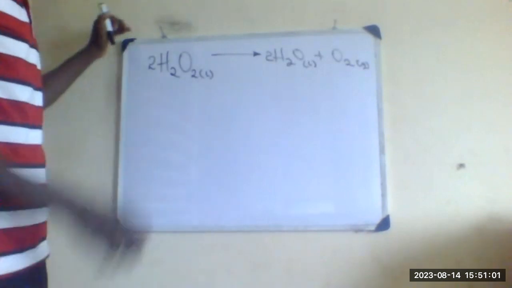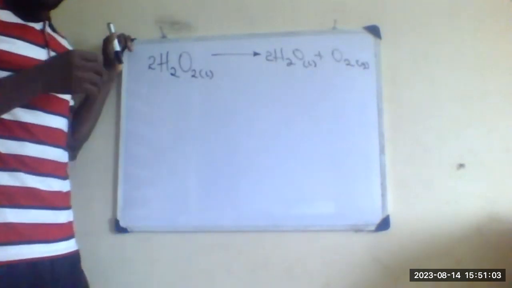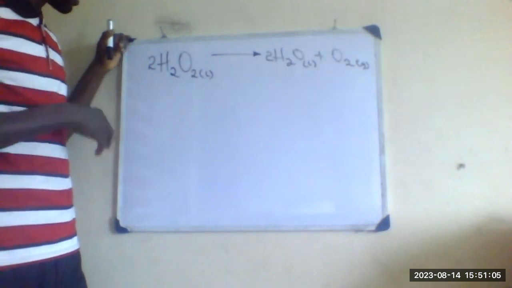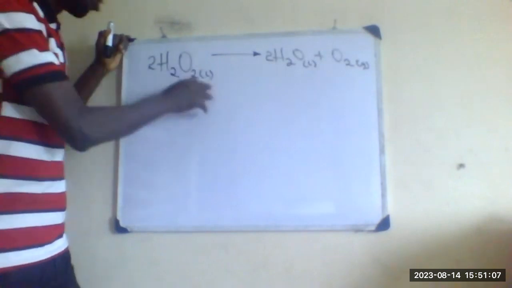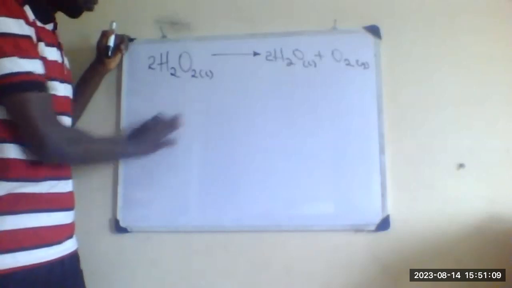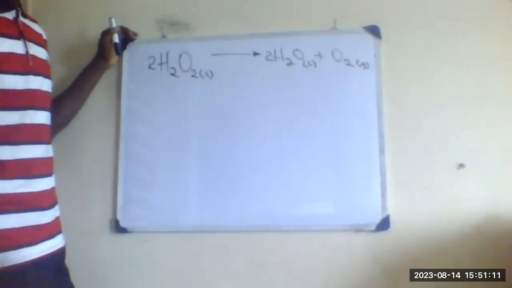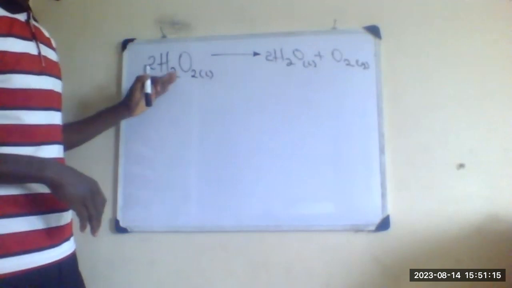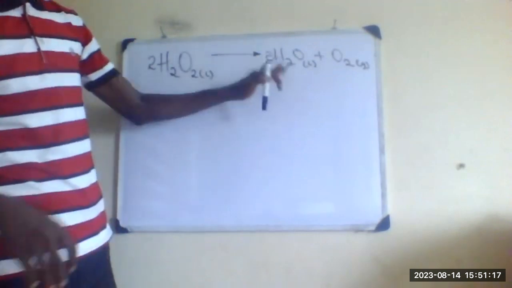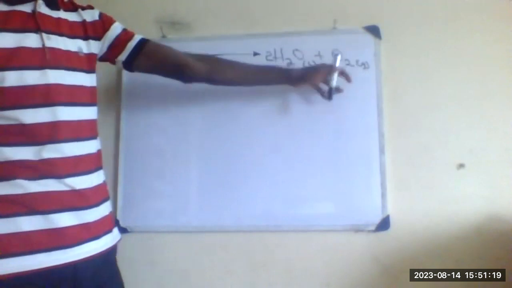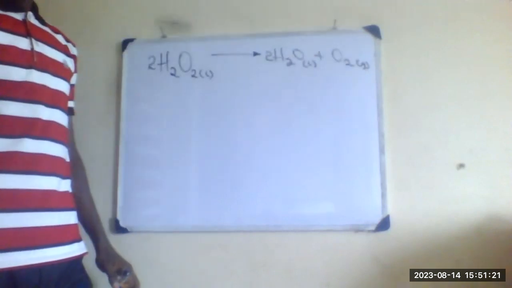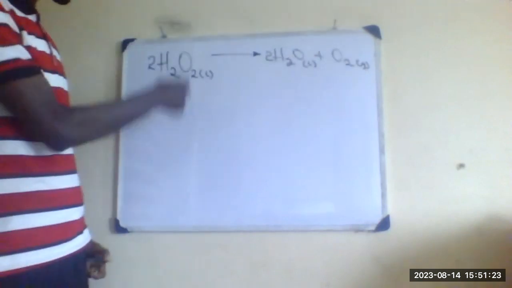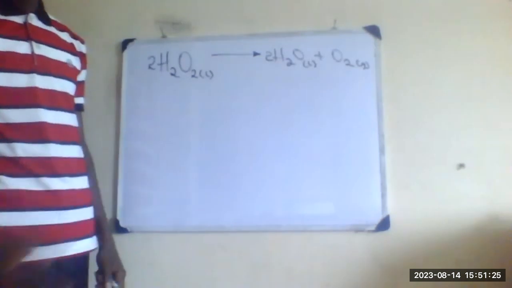Yes, we can hear you now. So you didn't get where? When you were saying that if hydrogen peroxide is exposed or kept in a transparent bottle, this reaction will take place. So the hydrogen peroxide will no longer be hydrogen peroxide, but will be left with water because oxygen gas will be given off. Hydrogen peroxide is used as a disinfectant to clean wounds.